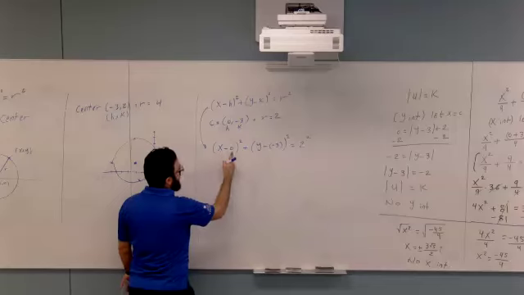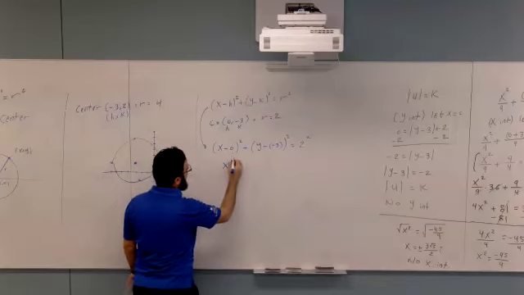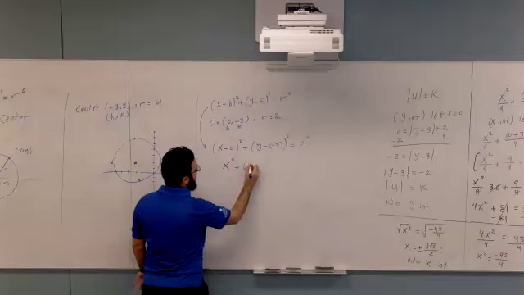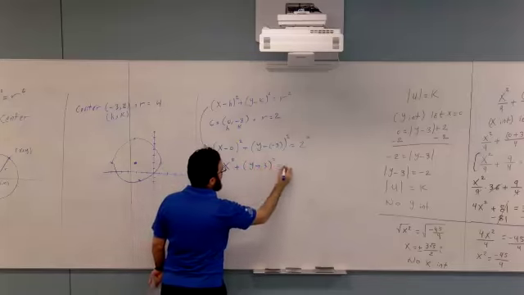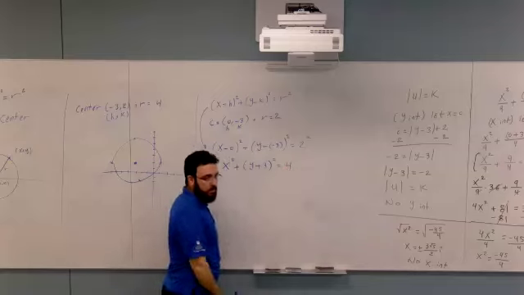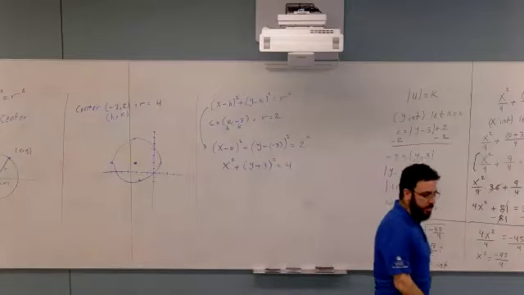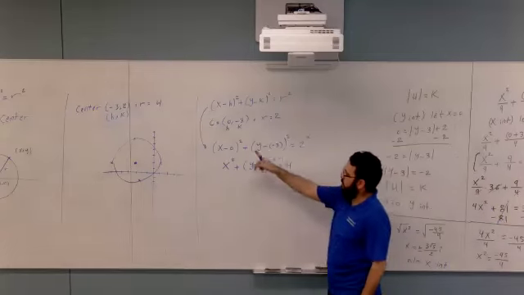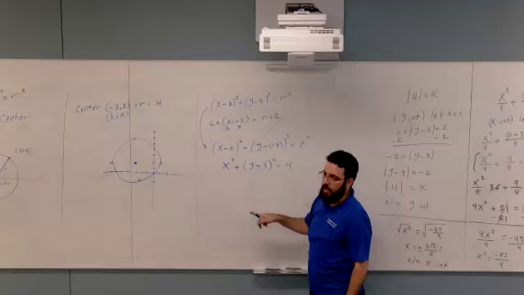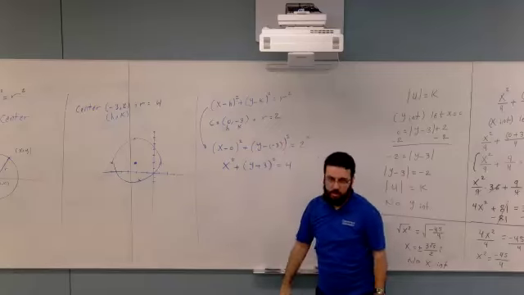Simplify it: x minus 0 is x, so it's x squared plus y plus 3 squared equals 4. That's it. This is the equation of the circle with the center 0, -3 and radius 2.